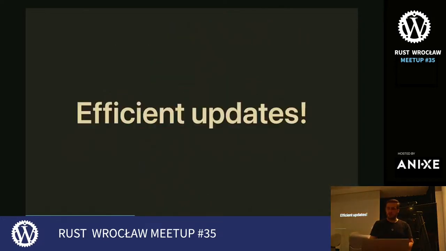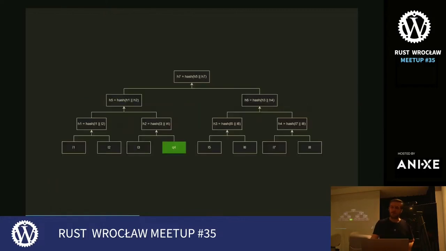Another property of Merkle trees is that they allow us to efficiently update the entire set, right? If we were to say have 500 files with 1 terabyte data total, and you want to hash it all together, one file changes, you have to hash it all again. That's expensive.